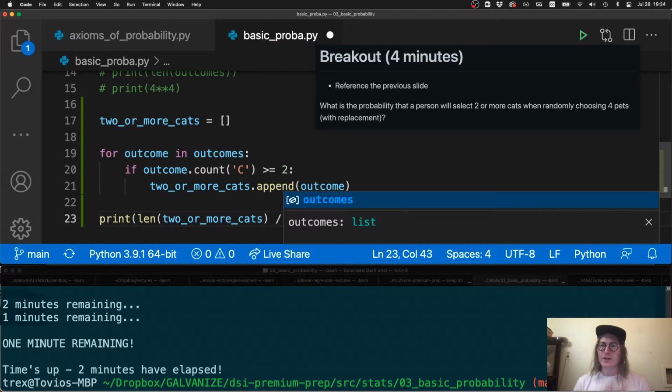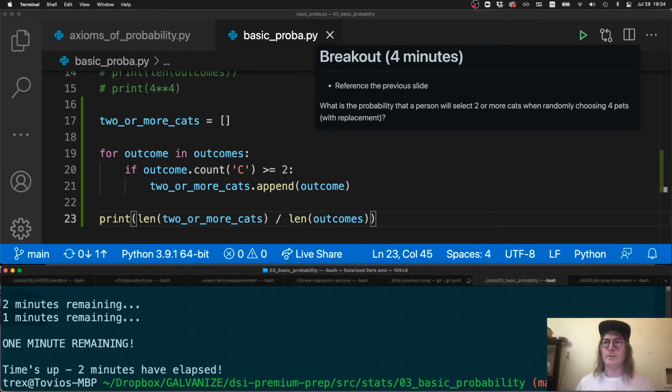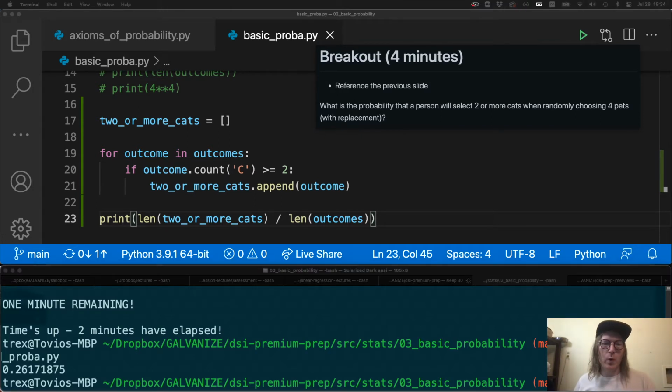This is our cardinality of A, which is the subset that we're considering, over the cardinality of S. So if I run this, looks like it's 0.261 or 0.262 roughly. So that's a way that we can do this.